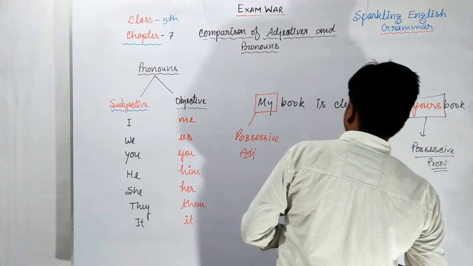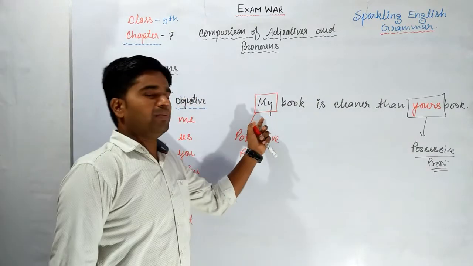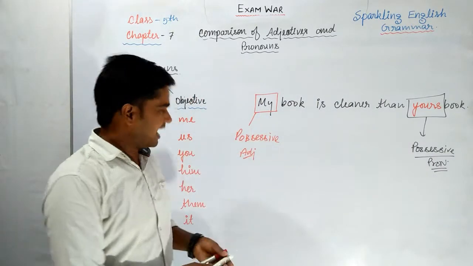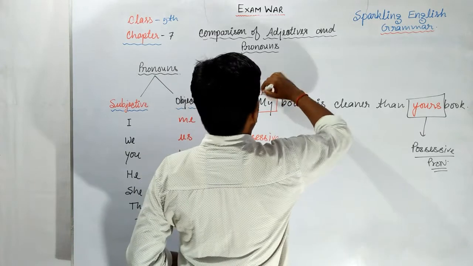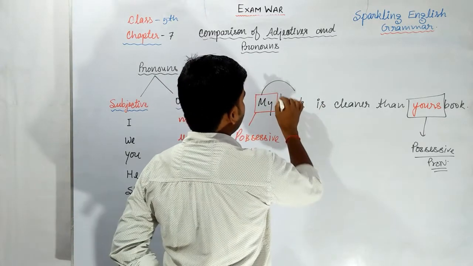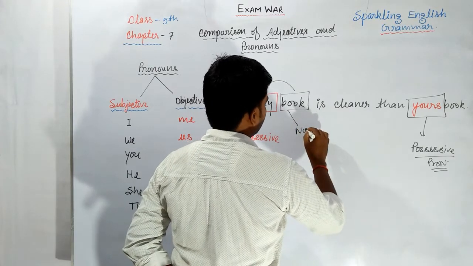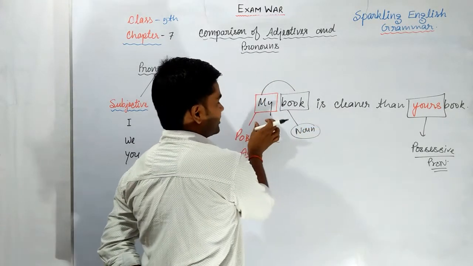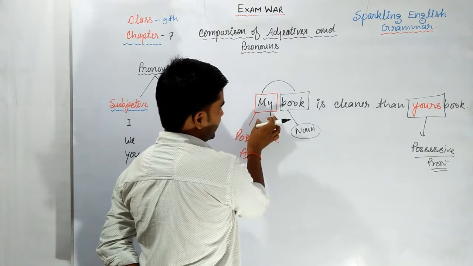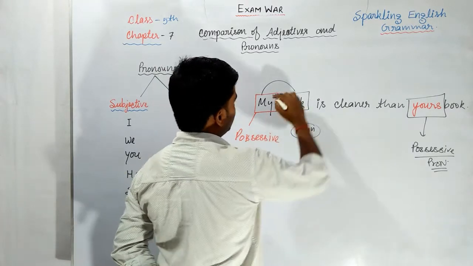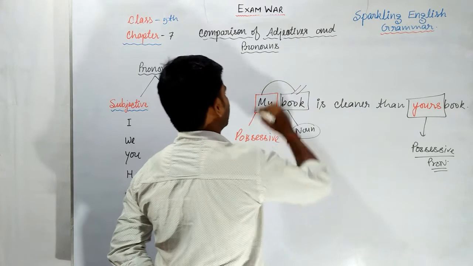So my dear students, as I write my, this is a possessive adjective. That's why just after this my, we used book. Dear students, book is a noun. That's why in the first case, my book, my adjective and then book, noun. These words are quite correct.